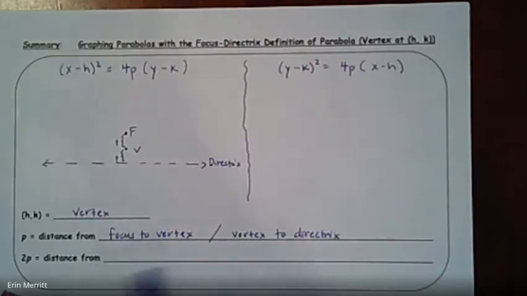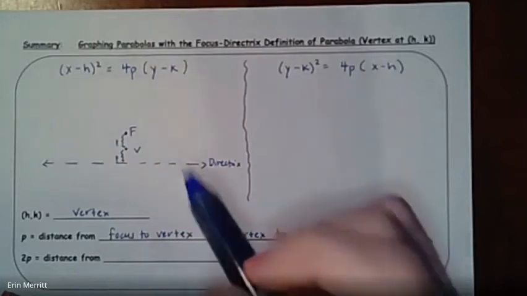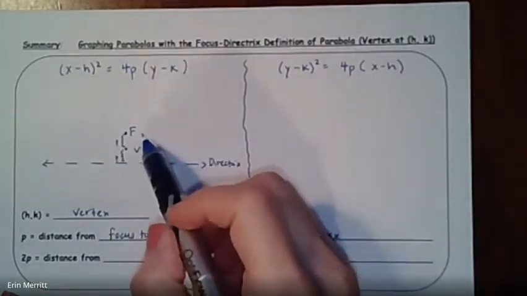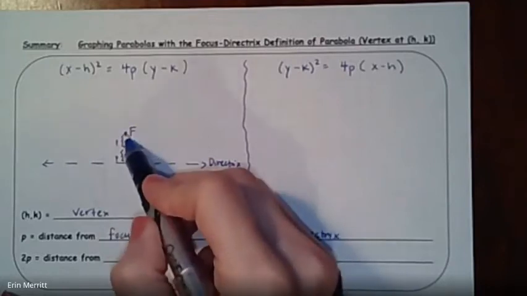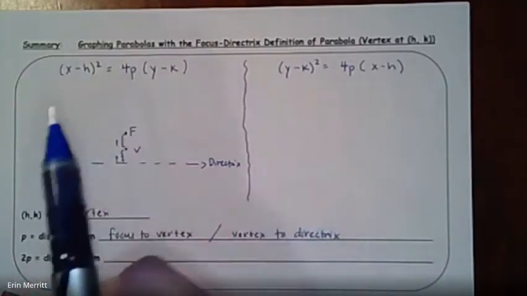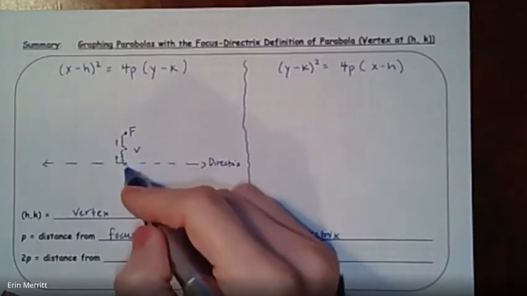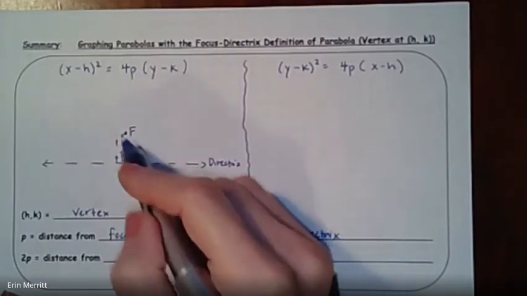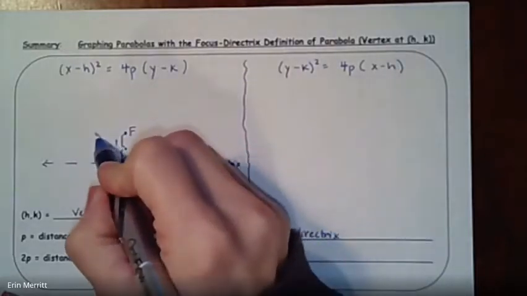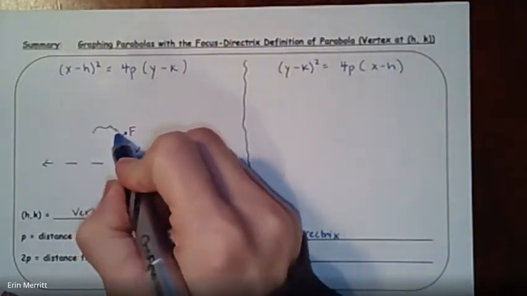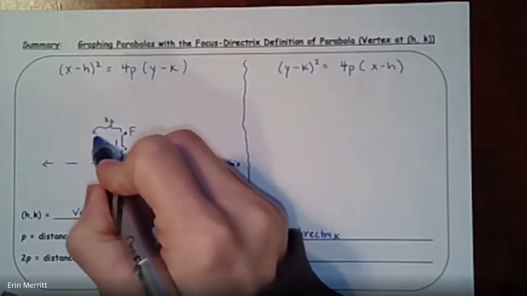We're going to plot a couple extra points on this parabola by creating basically a little line segment almost that's parallel to the directrix. So that distance from F all the way to the directrix is 2p, since it's p and then another p. So we're going to go to the left 2p. So you're just kind of eyeballing right now what that distance would be, but I'm going to mark it as 2p and plot a point.